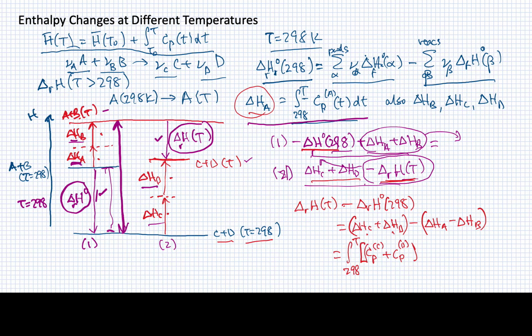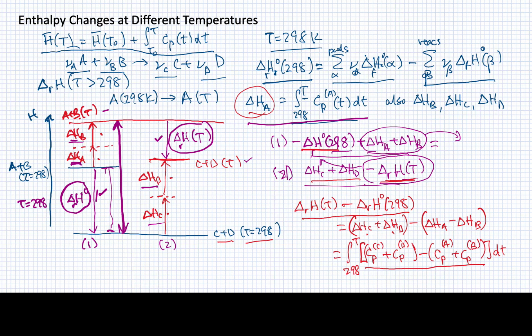So I'll put those in parentheses, minus the heat capacity of substance A plus the heat capacity of substance B. And then all of this is dT. And these heat capacities are all implicitly functions of the temperature. So what I can see from this is that the change in the reaction enthalpy is really predicated on the differences in the heat capacities of the products and the reactants.